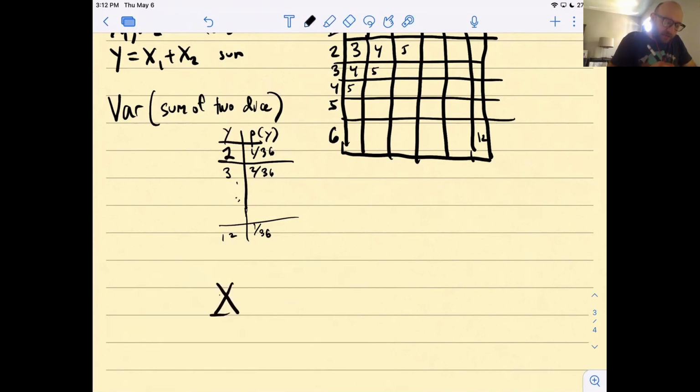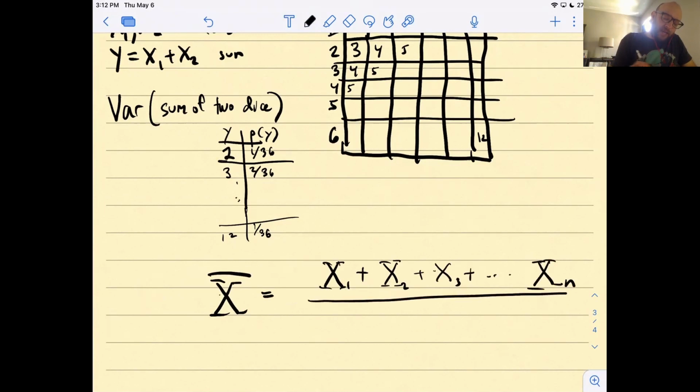The random variable x bar comes from x1, x2, x3, all the way to xn. But you don't just add them together, you also at the end divide it all by the number n. And n is just a fixed number.